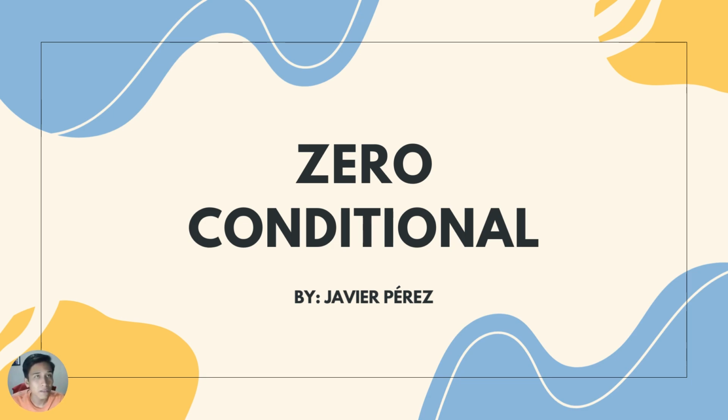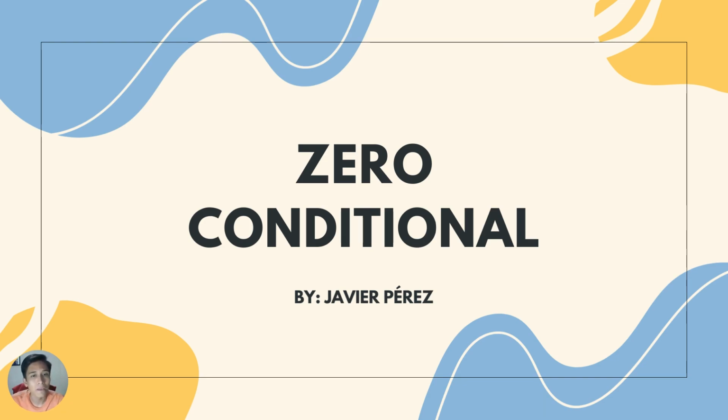Today's topic, or today's subject, is the zero conditional. We are going to see one of the four conditionals that exist in English. We will see the simplest one, because the zero conditional works with the simple present tense only.